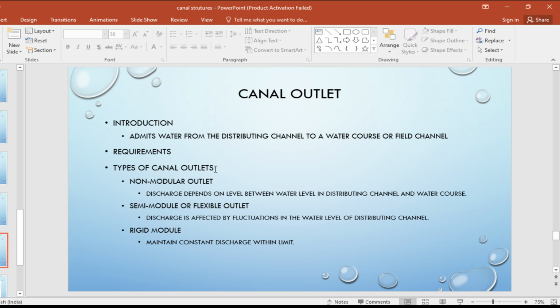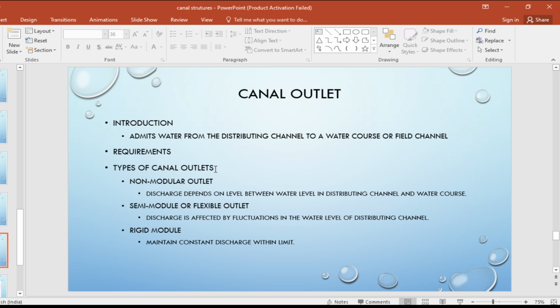Next, from the farmer's point of view, because it is directly connected to the farmers, here we are going to consider the farmer's view also. From the farmer's point of view, the outlet should give a fairly constant discharge. This is the main point, because it is directly connected to the field channel. It should give a constant discharge.